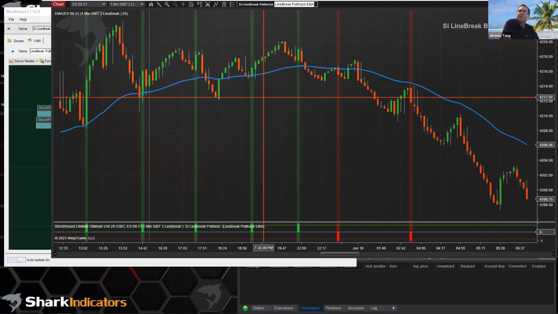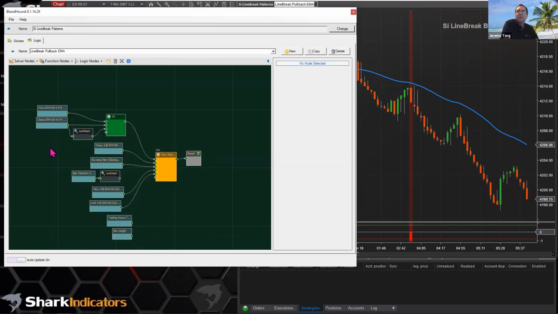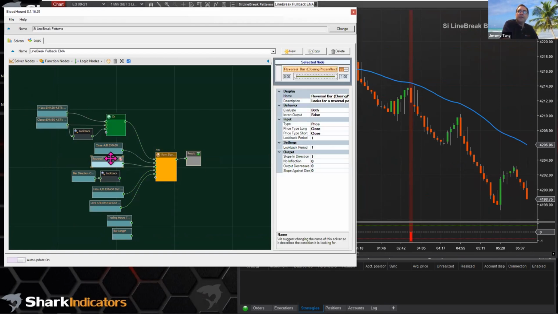So what I'm going to demonstrate in BloodHound is part of its malleable nature. First of all, being able to put together a system using nodes and not having to program is the first benefit, rapid prototyping. And then the second one is applying filters.